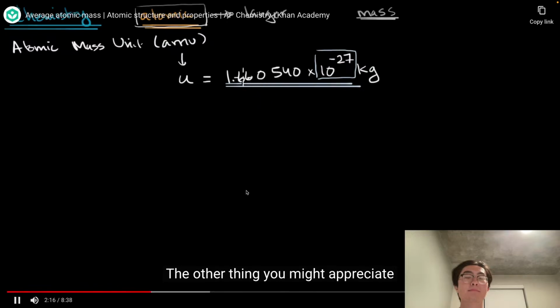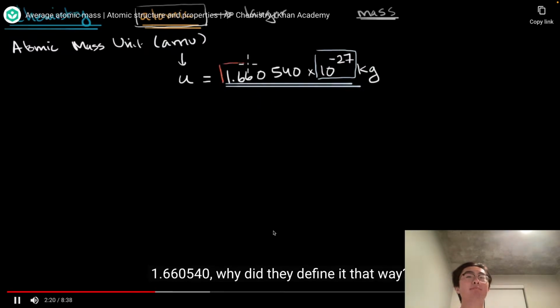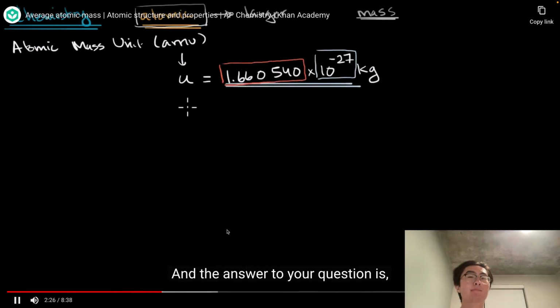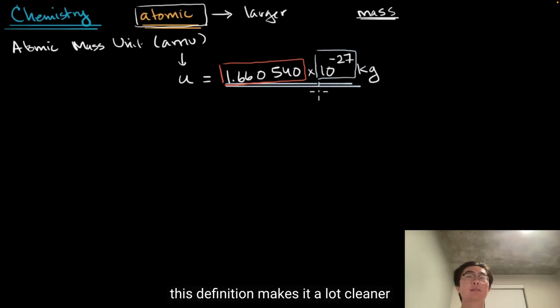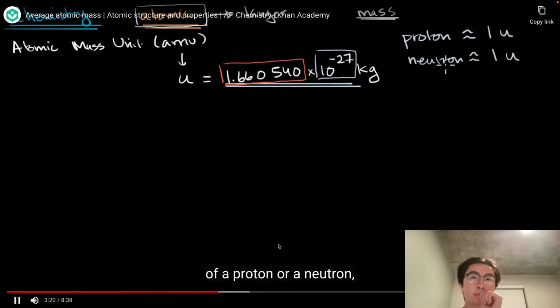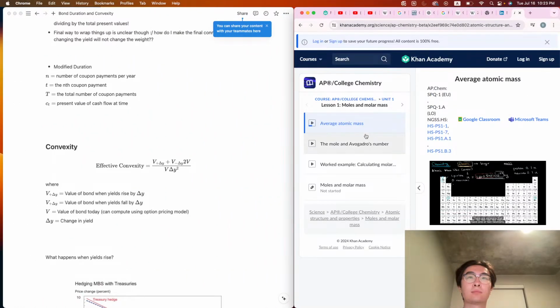The other thing you might appreciate is like this feels like a bit of a hairy number here, 1.660540. Why did they define it that way? And the answer to your question is, this definition makes it a lot cleaner when we think about the mass of whether it's an atom, proton, or a neutron.